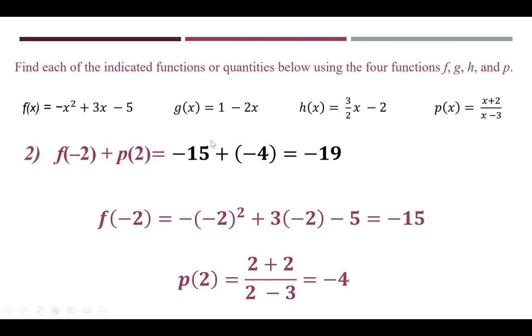So now I can say, since f of negative 2 is negative 15 and p of 2 is negative 4, that negative 15 plus negative 4 is negative 19, which is my final answer. Again, if I go too fast, please just pause the video so that you can take your notes appropriately.